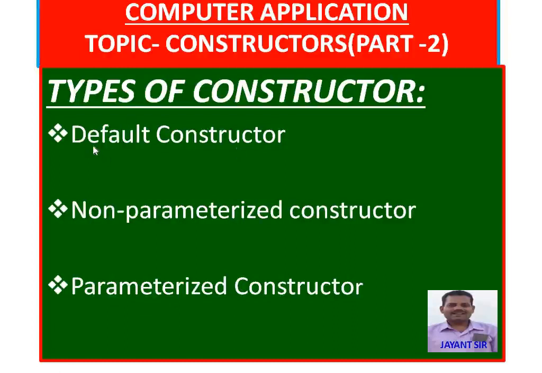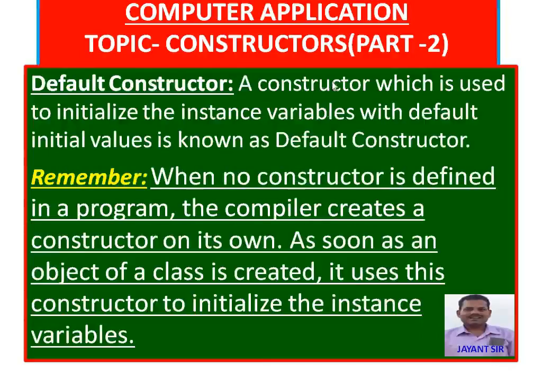Now first, what is the definition of a default constructor? A constructor which is used to initialize the instance variables with default initial values is known as the default constructor. Try to understand what default initial values means. If it is integer type data, its default value will be 0.